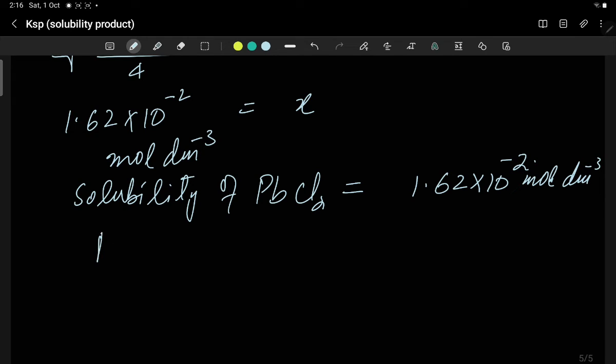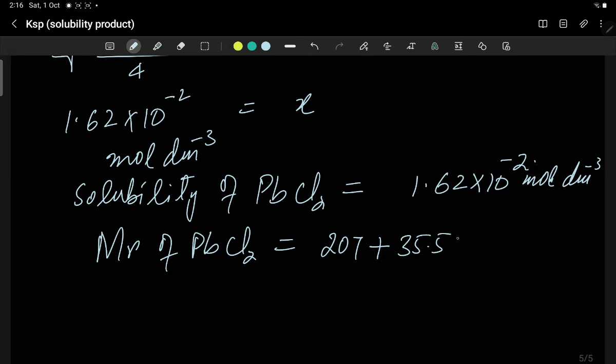So we know that the Mr of PbCl2 is lead 207 plus chlorine 35.5 into 2, which is equal to 278 gram.